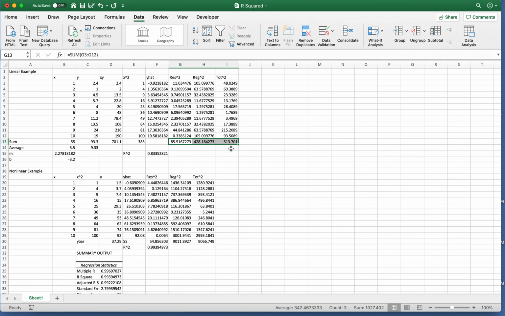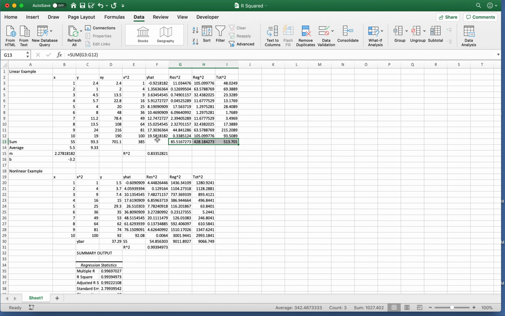I didn't say this in my lecture, but if these predicted values are actually the line of best fit, the residual and the regression should add up to the total. And you can see here they do: 85 plus 428 gives us 513. That will only happen if your predicted values are coming from the line of best fit or the curve of best fit. So be aware of that.